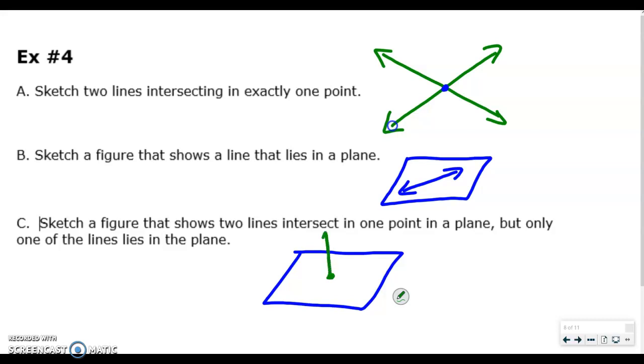Maybe I've got, this is extending below the plane. So that would be two lines intersecting at a point that is on a plane, in the plane, but one of the lines not on the plane.